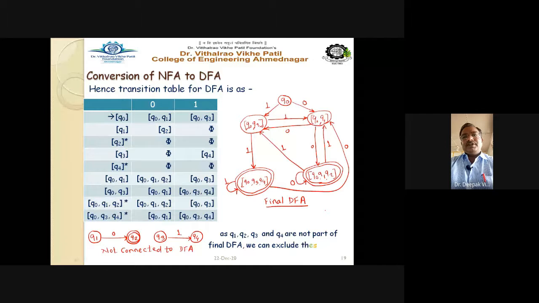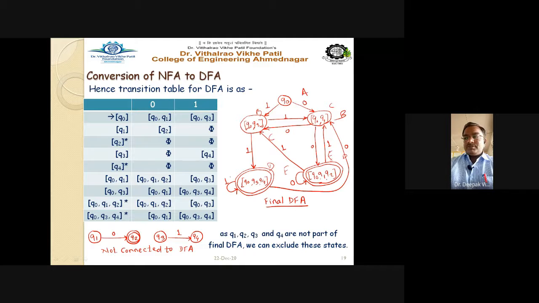The conclusion is also written here: Q1, Q2, Q3 and Q4 are not part of the final DFA. We can exclude these states. And you can rename the states, like capital A, then B, C, then D and E. It depends on how you write the nomenclature; it makes no difference.